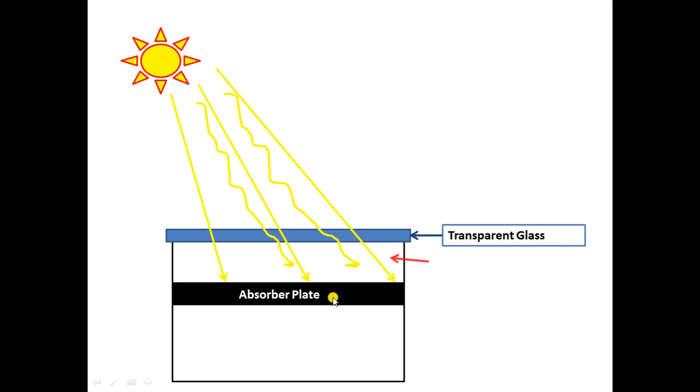Radiations striking the transparent glass are absorbed by the absorber plate, so heat energy is trapped here, and it is not allowed to radiate out because of the transparent glass. The function of the glass is to trap the solar energy and not let it go out. This space is called the heat chamber, in which the heat energy is stored.